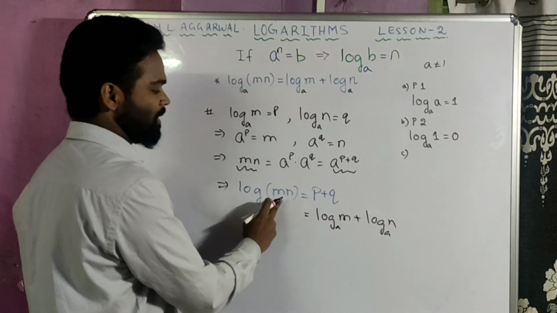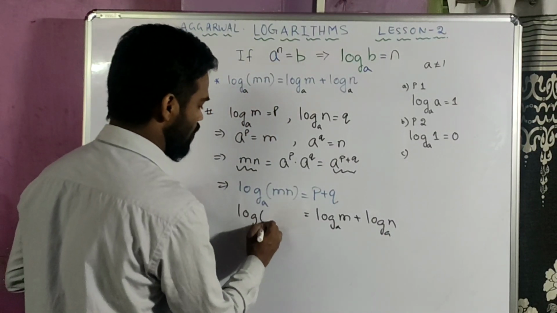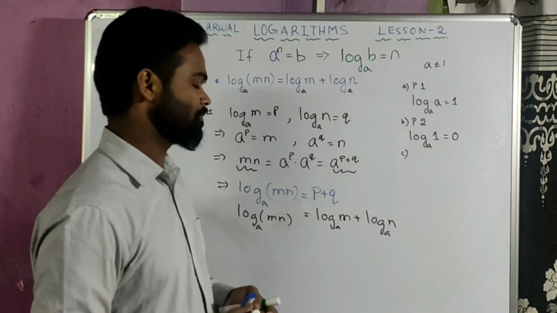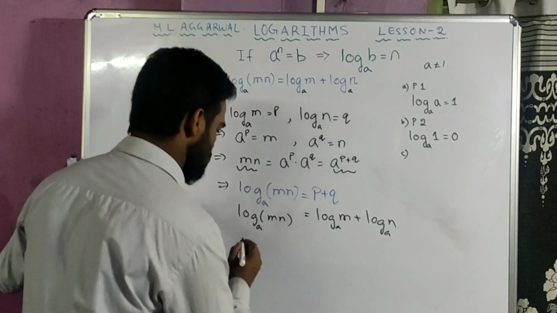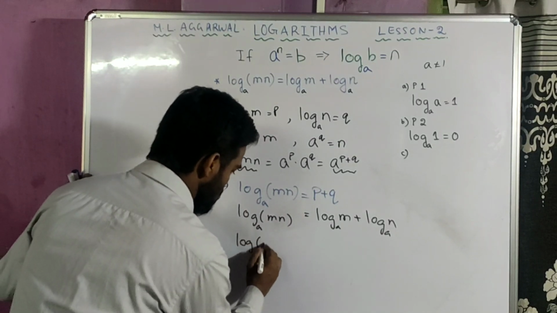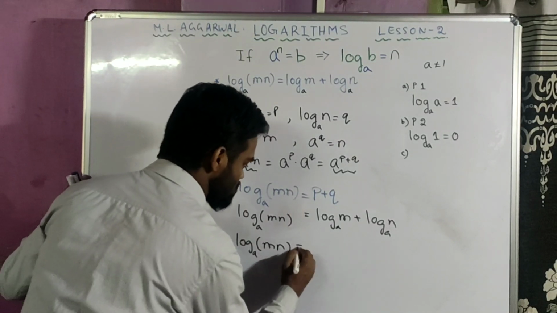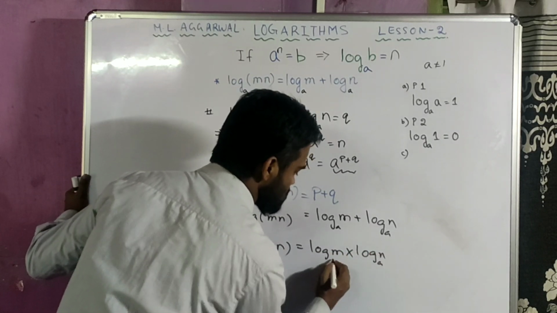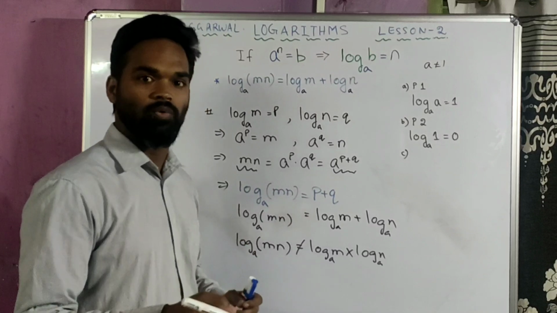So log mn equals log m plus log n with the same base. Clear? And note carefully, log mn base a is not equal to log m into log n with the same base. This is not equal, okay?